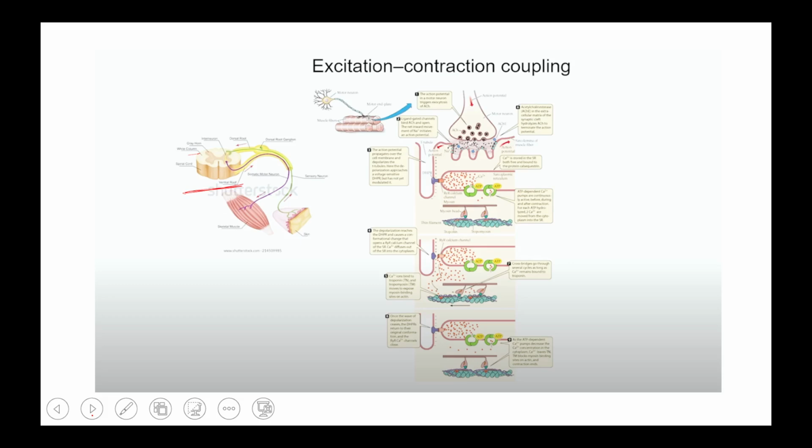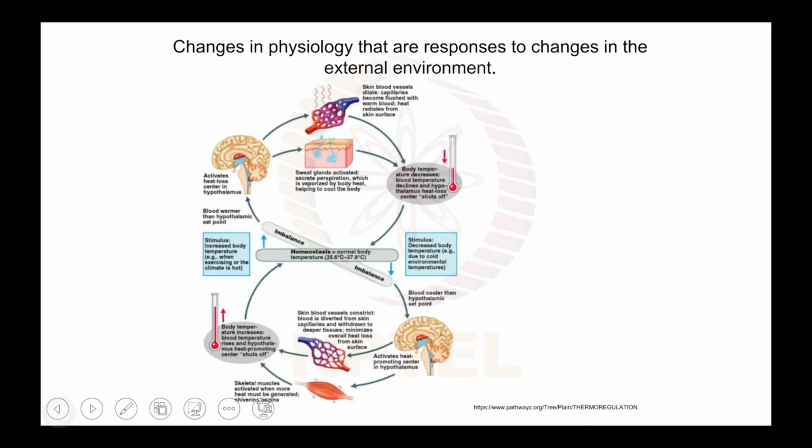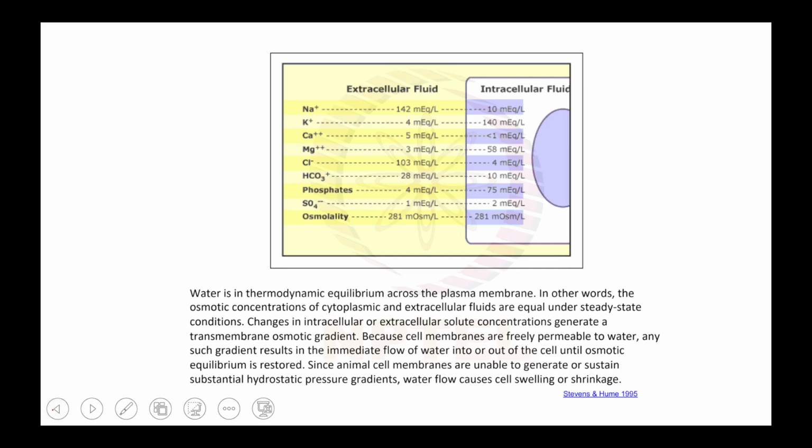What was it? Can anybody tell? Okay, here you can see in the extracellular fluid the sodium concentration is 142, and in the intracellular fluid it is 10. So in the outer fluid, the sodium is 14.2 times more than in the intracellular fluid, and it is the opposite for potassium.